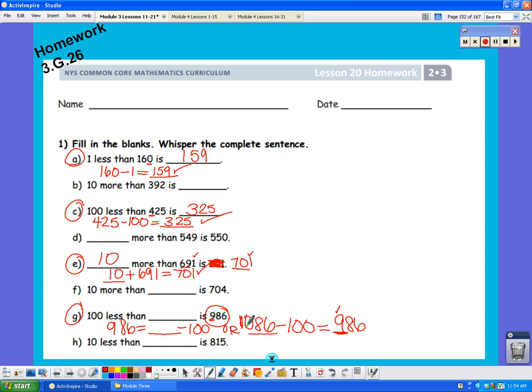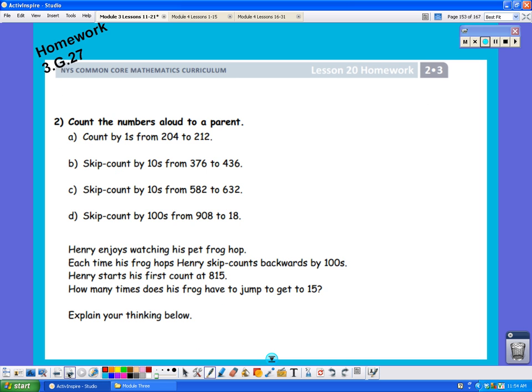Let's see. 10 hundreds, 8 tens, 6 ones is 100 less, minus 100, equals 9 hundreds, 8 tens, and 6 ones. And if you plug this in, your answer is the same both ways. So you want to plug in 10 hundreds, 8 tens, 6 ones, or 1086 as your answer. You're going to complete the other problems.